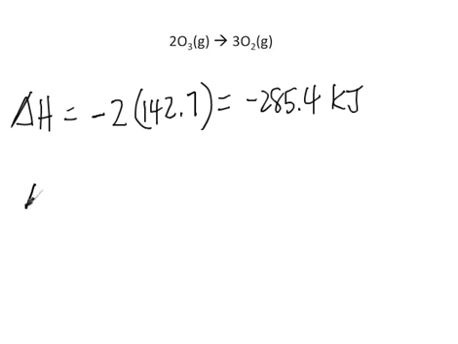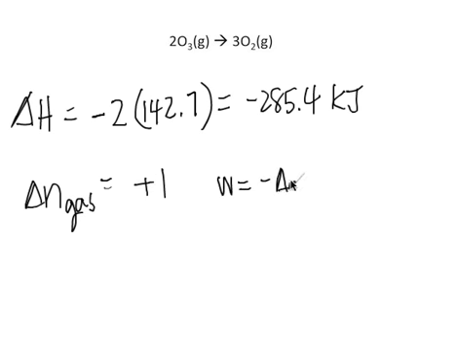Let's calculate the delta N of the gas, the change in the moles of gas. So it's going to be from 2 moles to 3 moles. So this is going to be plus 1. So work is going to be negative delta N RT.